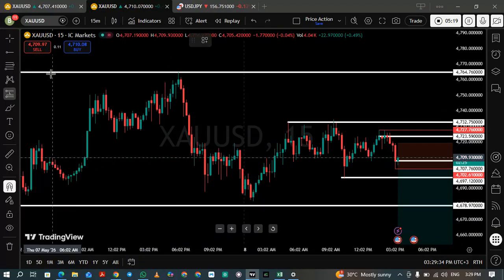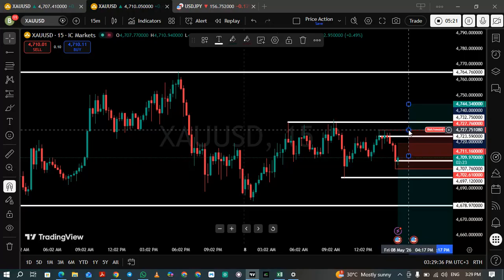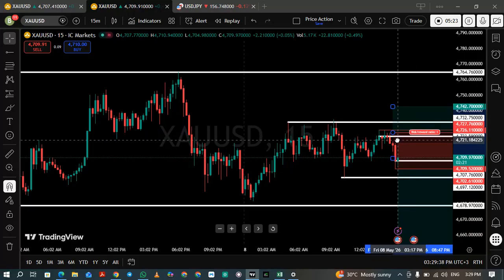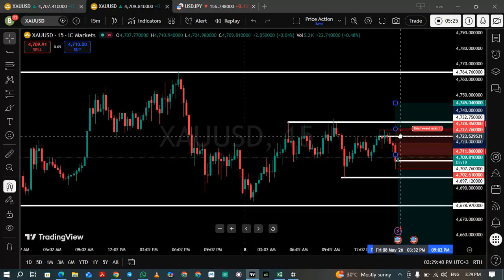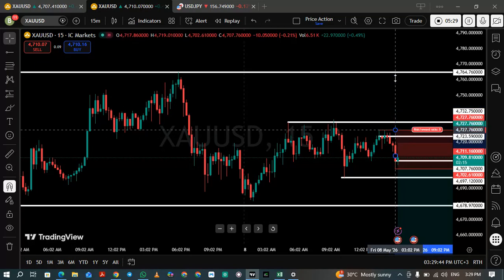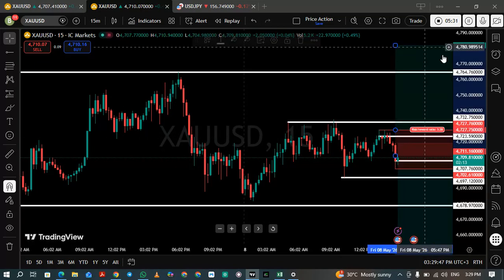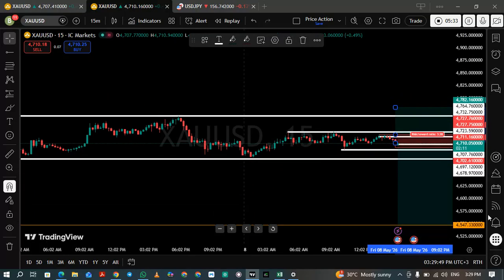And for the long position, I want to take it from here. We have a minute to go. Take it from here, push it all the way up to where?